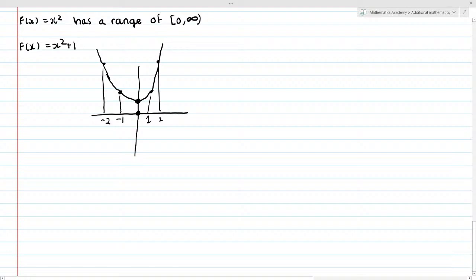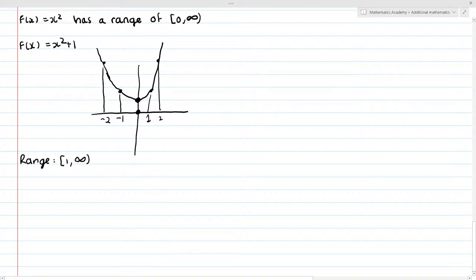However, 1 is a y coordinate, because the point (0, 1) lies on the curve, and so will any other value above 1. Any value strictly below 1 will not be on the curve. So our range in this case is 1 to infinity.